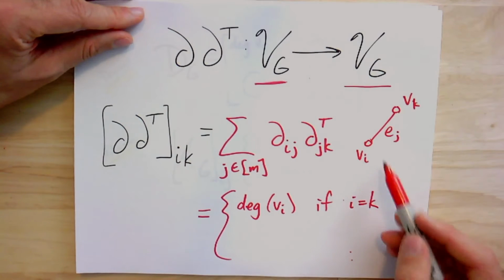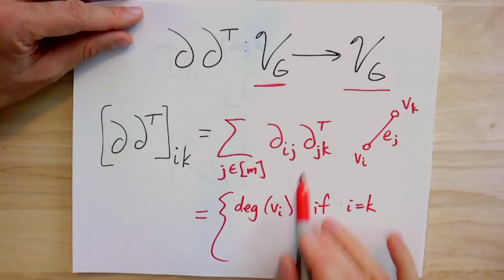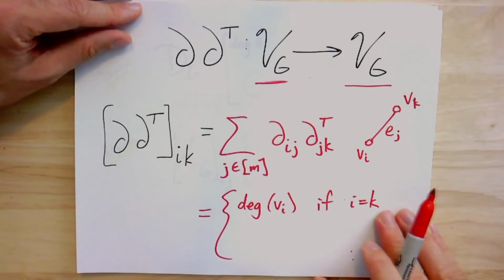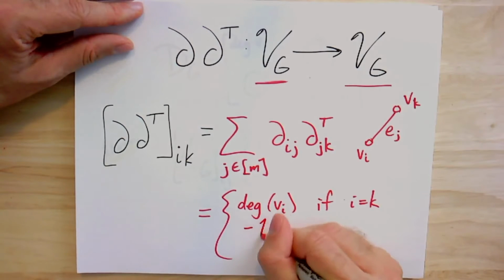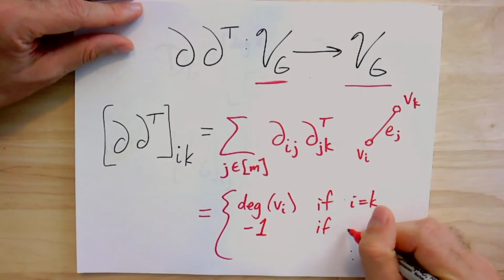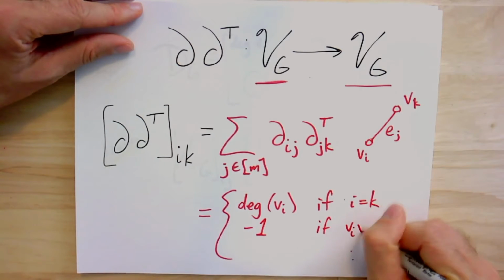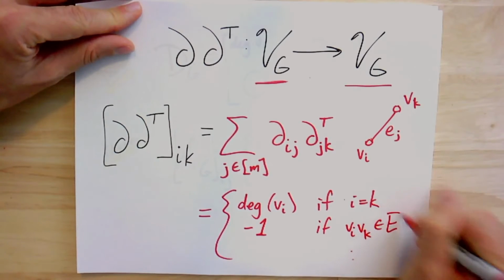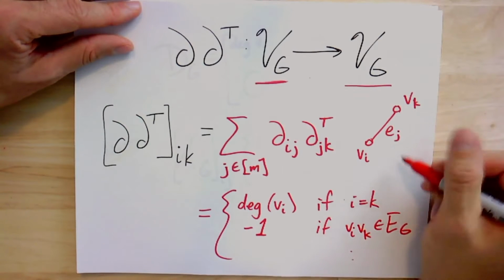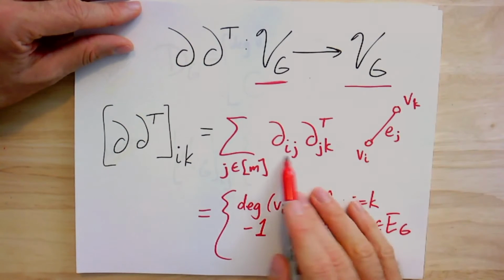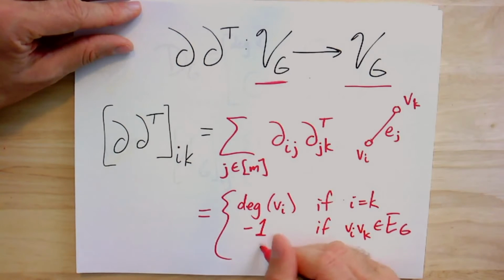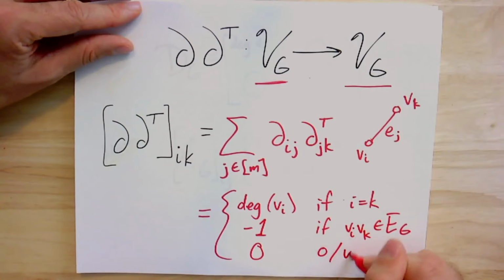That's how we define the matrix. And in fact, there can only be one such edge. So of all this sum, only one of these terms could possibly be non-zero. And if it is non-zero, it's -1, and it's -1 only if vi, vk is an edge in the graph. Otherwise, for any other pair of vertices, if they're not connected by an edge, there will always be one of these two that will be 0 as you do the sum. So the whole thing will come out to be 0.